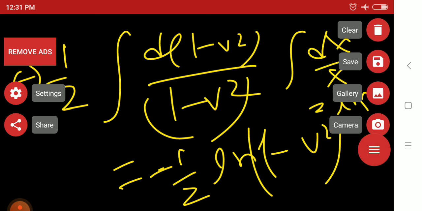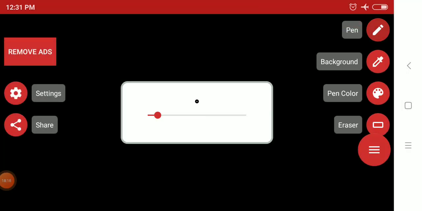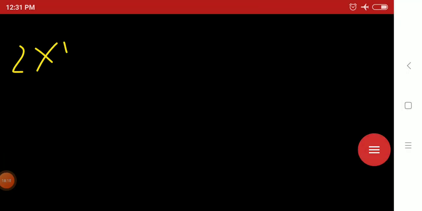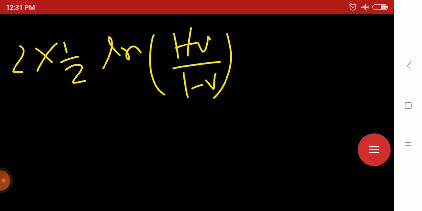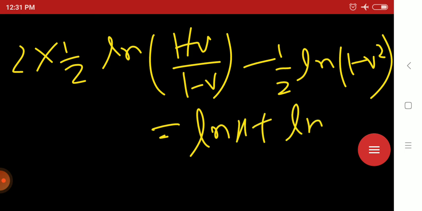So after doing all this integration, what will you get? You are getting 2 into half log 1 plus v by 1 minus v minus half into log 1 minus v square equals log x plus, as a constant, since all the terms are logarithms, you can take log c.